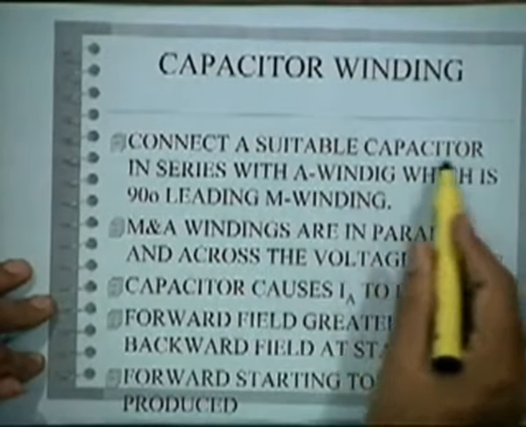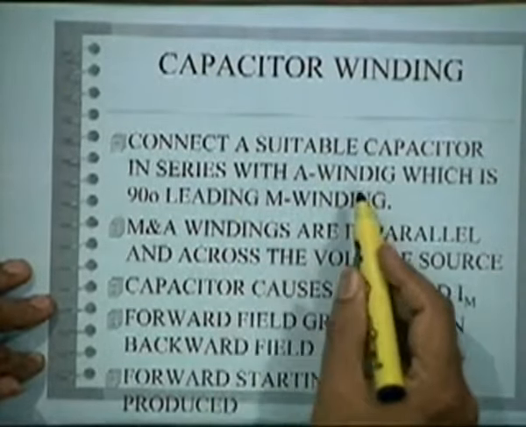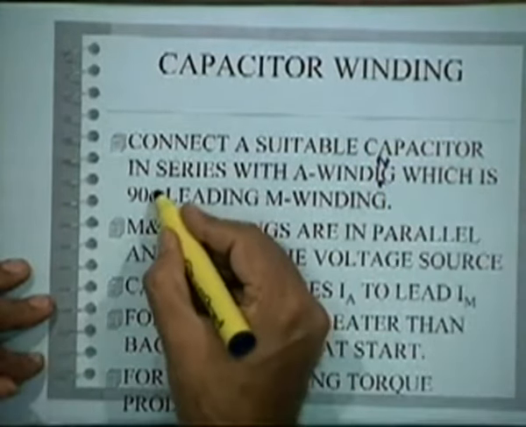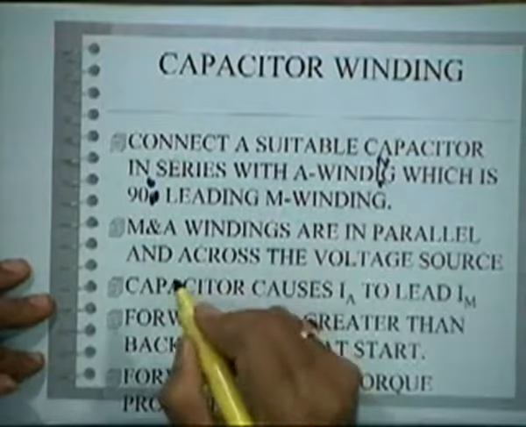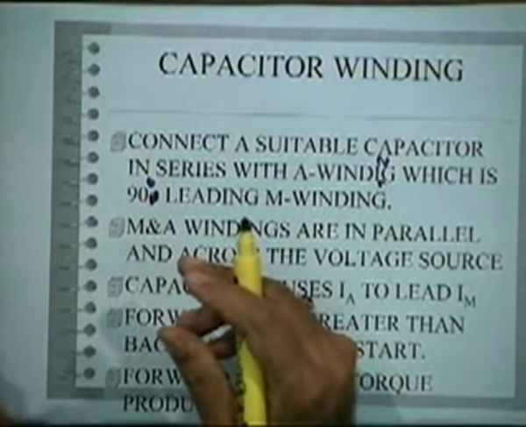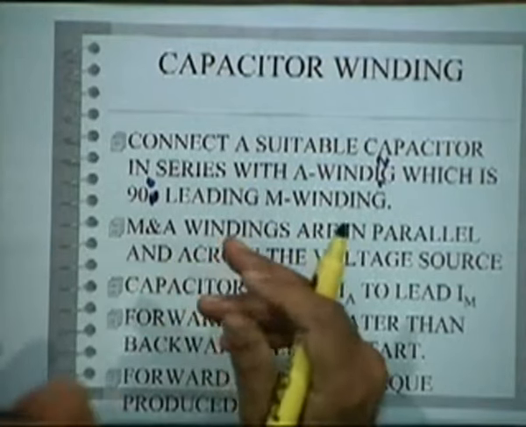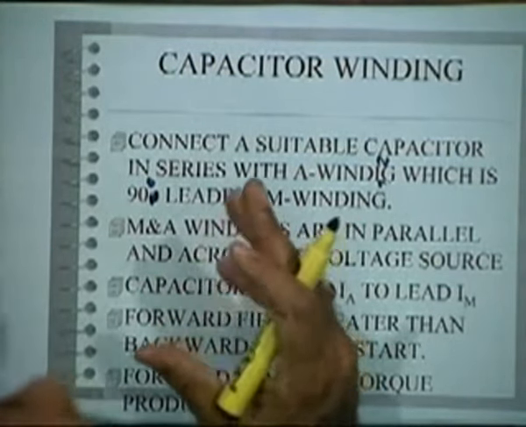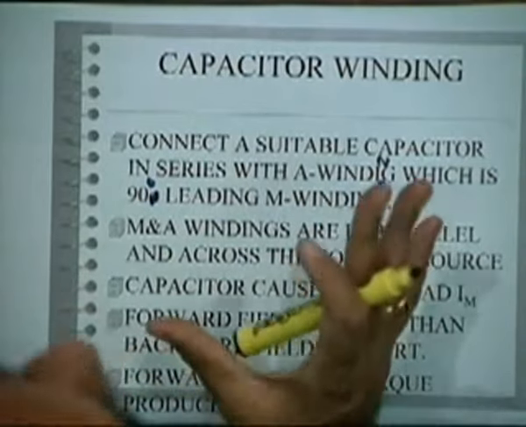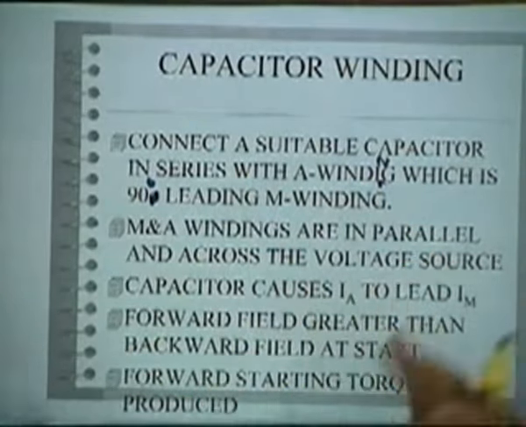So connect a suitable capacitor in series with A winding, which is 90 degrees leading M winding. A winding is always leading M winding by 90 degrees, but they may not have the same turns. It may be asymmetrical two phase windings, but at 90 degrees, and they normally have more turns and more resistance.